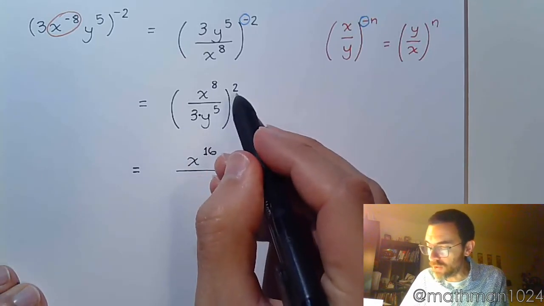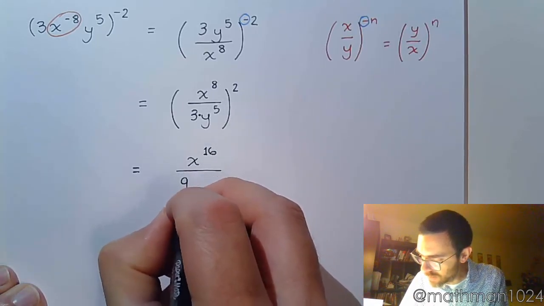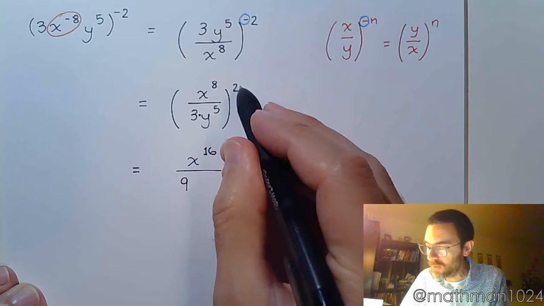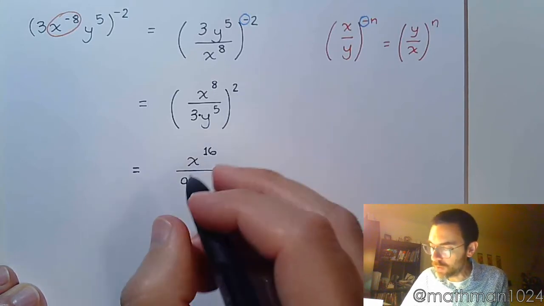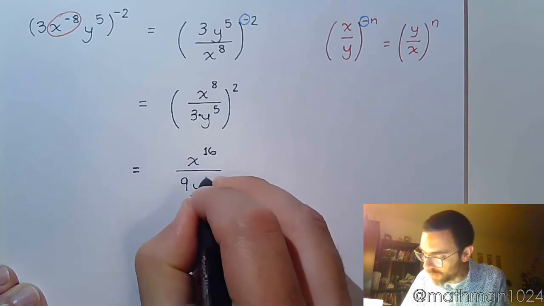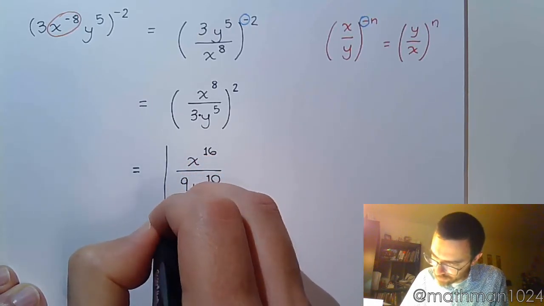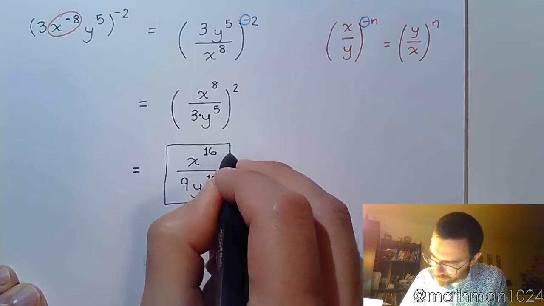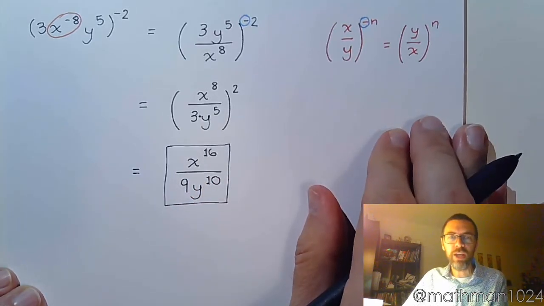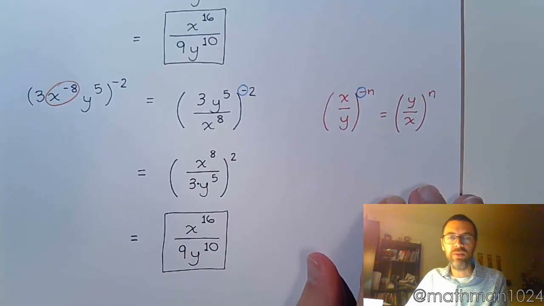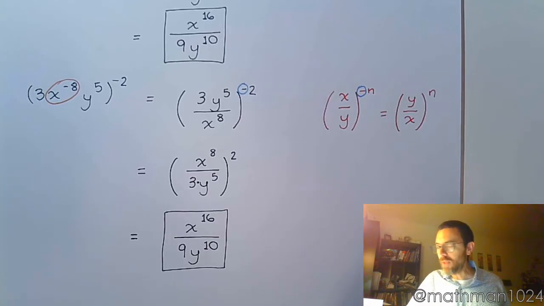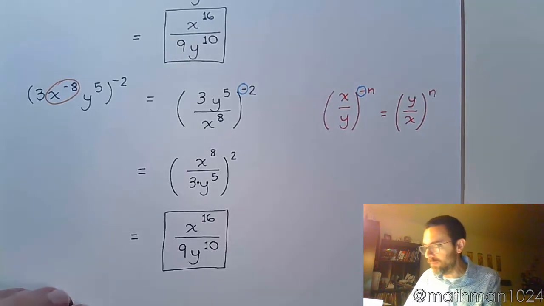So 3 squared is 9, y to the 5th squared, so it's a power to a power. We multiply that and we get y to the 10th. And that's the same answer that we had the first time we did the problem. Right? Just a slightly different way of doing it, but everything works out to be exactly the same.